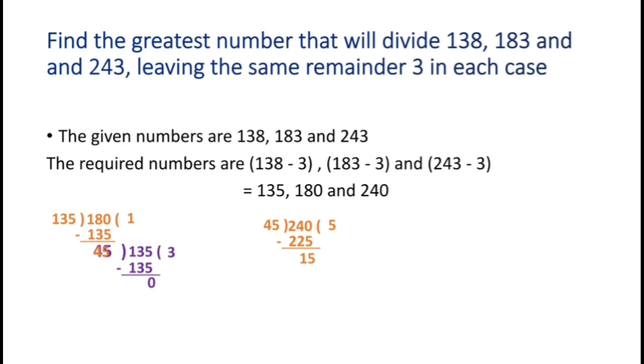The remainder will be 15. Now this 15 will be the divisor. 45 will be the dividend. 15 3s are 45. The remainder will be 0. So what is the HCF now? The HCF of 135, 180, 240 is 15.